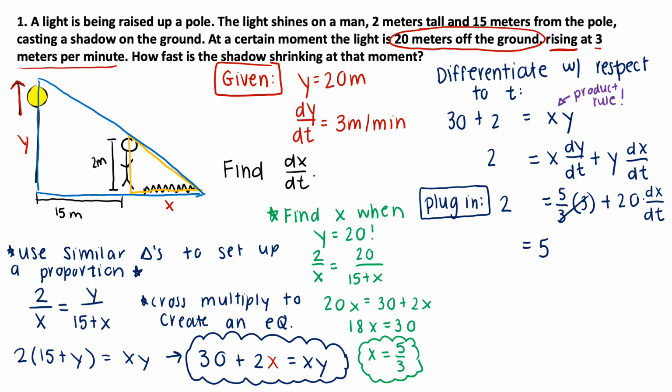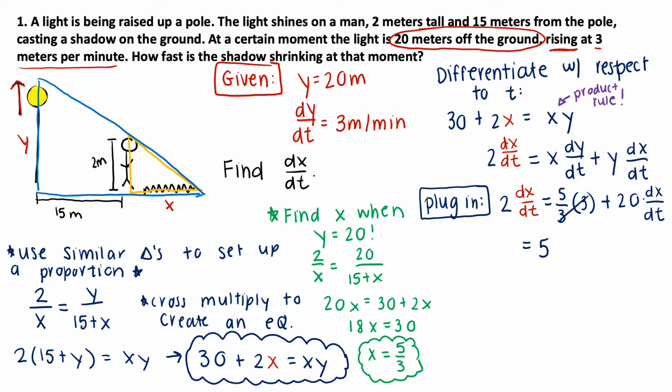And when I distributed my 2 in my head, it should have been 30 plus 2x, which makes this a 2 dx dt. So this becomes 2 dx dt. So if you need your teacher to pause that and go back through, I am so sorry. Totally just like moving too fast. That should be an x. Okay. Unpause, and here we go.